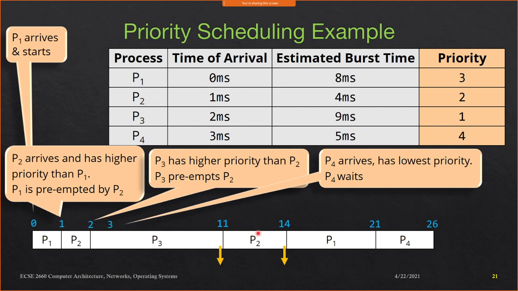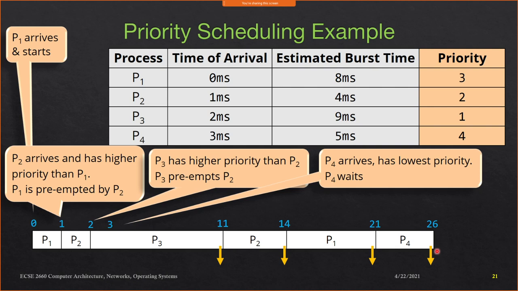P1 had already run for 1 millisecond, and it has the remainder, so 14 to 21 milliseconds it runs on the CPU, and it finishes. And whatever remains on priority, P4, from 21 milliseconds to 26 milliseconds, uses the resource and finishes at 26 milliseconds.